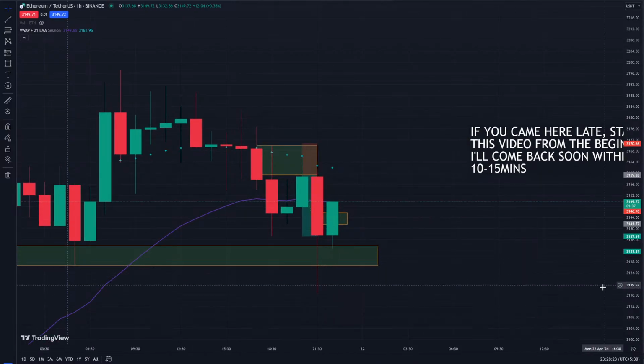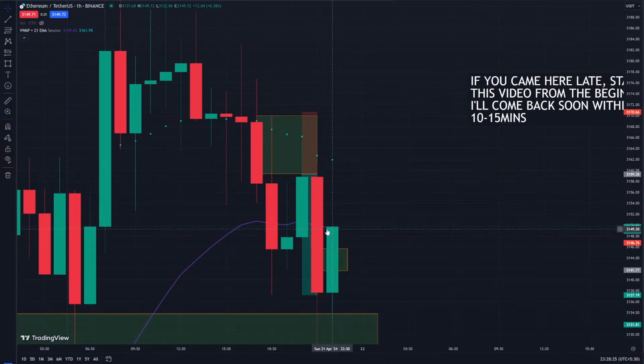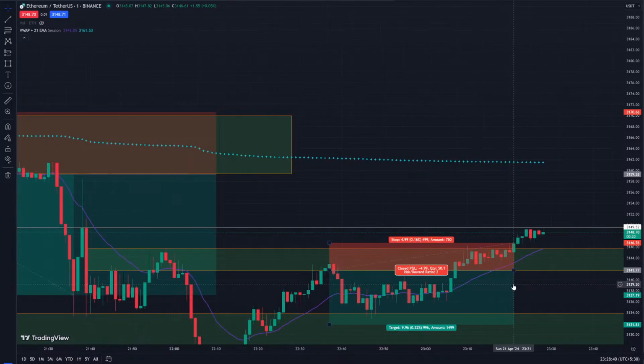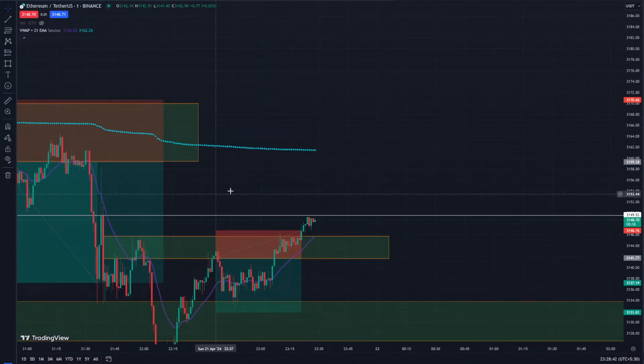You can see here now it is crossing the 21 EMA. Just let me make a horizontal line from here, which is touching the 1 hour 21 EMA. So now what I have to do is, if price is below this line and a setup happens for the downside, then I will take trades on the downside.